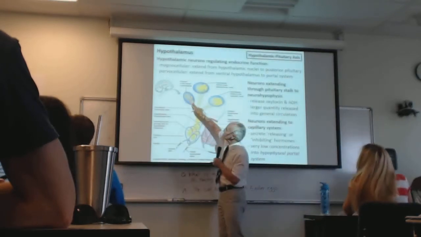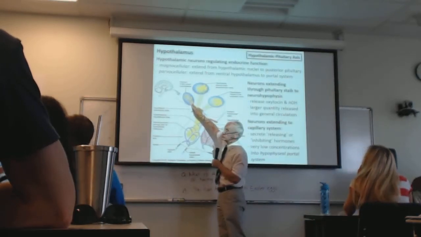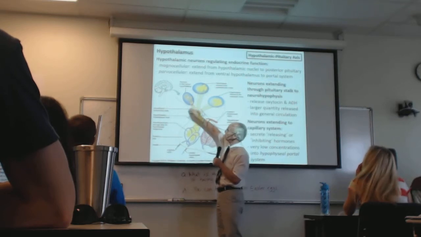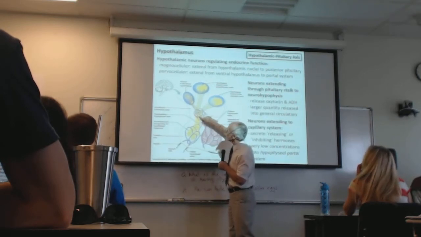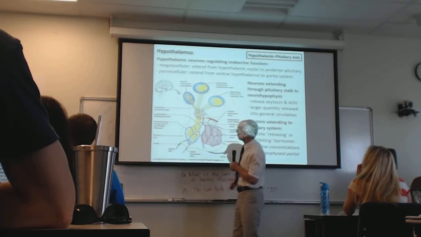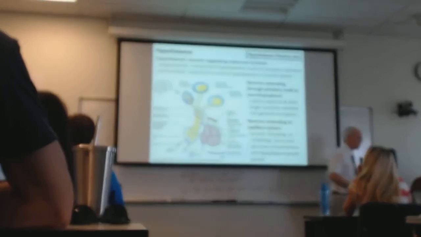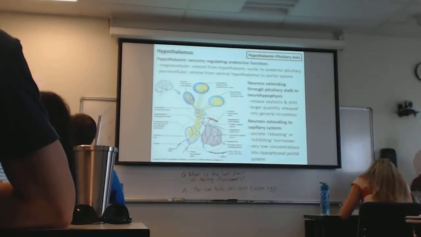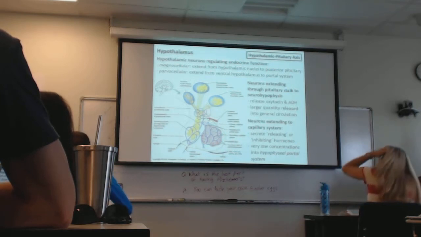So the parvocellular neurons release their hypothalamic hormones into this micro capillary system, where they travel down to the anterior pituitary. So they travel from point 1 to point 2.